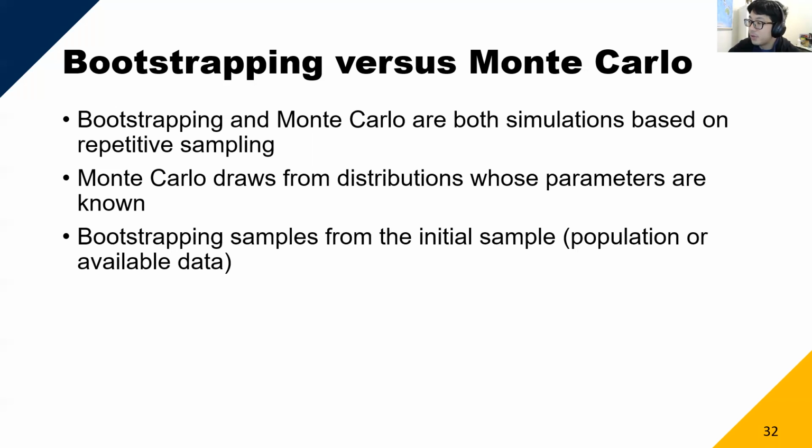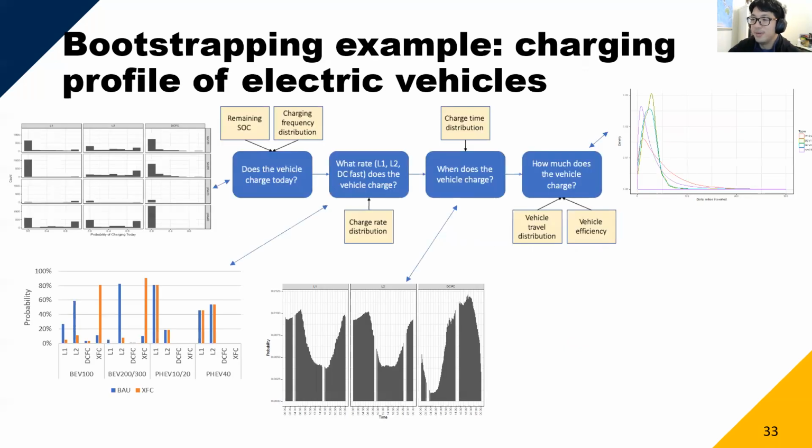All right, so I'm just going to show one last example for today of a real world application of this. This is from a paper that we had published a couple years ago. So, a real world example: a bootstrapping technique to get at the charging profile of electric vehicles.